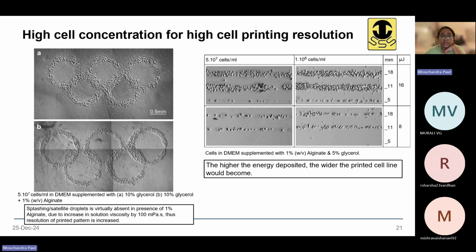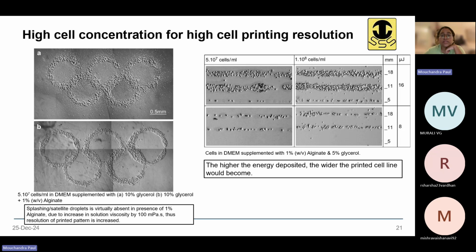If you compare this with a 5 mm diameter aperture of the same laser energy, then the droplets are much more individual. Like you can individually make out the droplets. All right. And the line that is formed now has much less width. Okay.